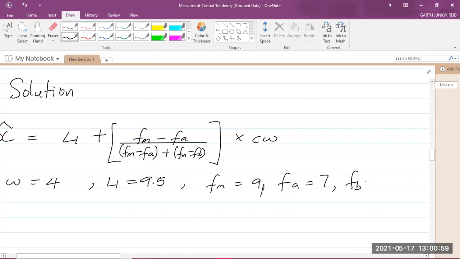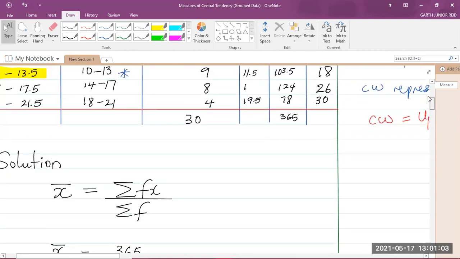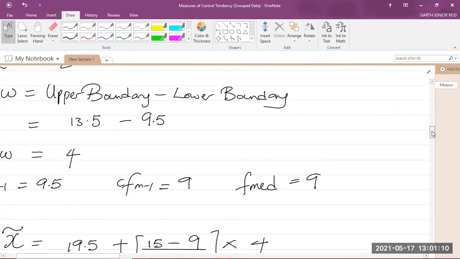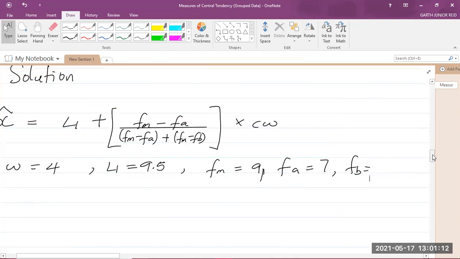What is going to be Fb? Fb is the frequency below the 9, which is 8.